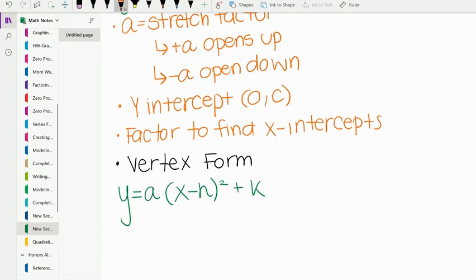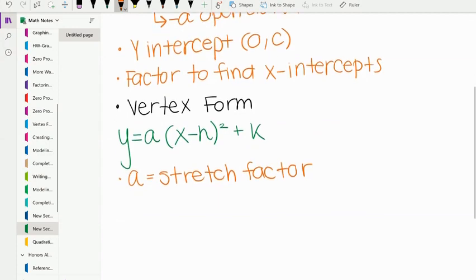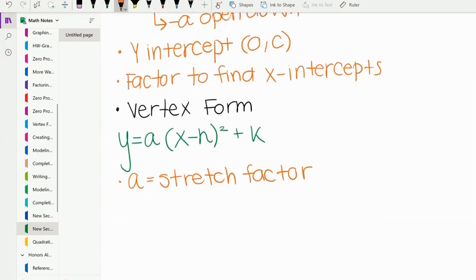A couple things it gives us is a, the stretch factor. You will always know the stretch factor in all three forms, so that will stay the same. And then obviously positive a opens up, negative a opens down. The other thing that this gives you is the vertex, hence the name vertex form, (h, k).